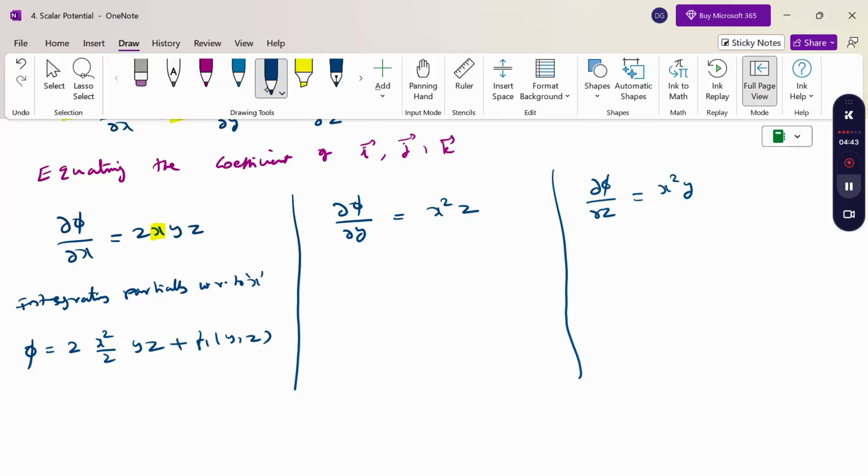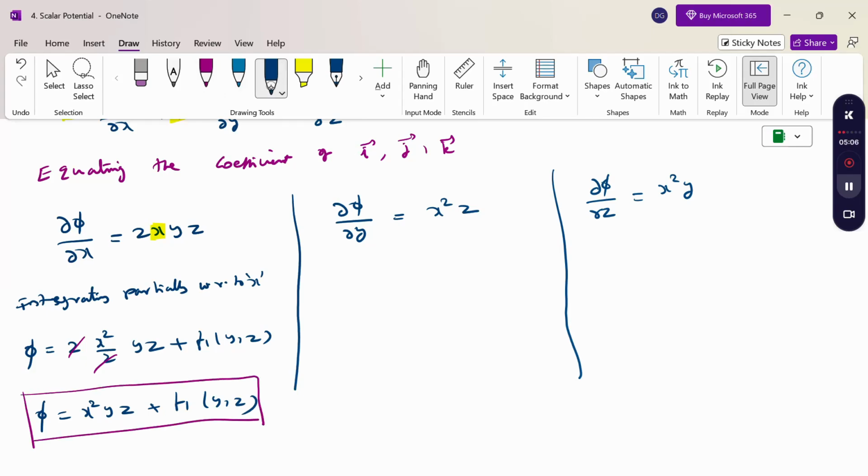The 2 cancels, therefore pi equals x square y z plus f1 of y comma z.